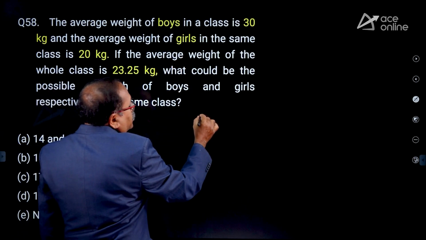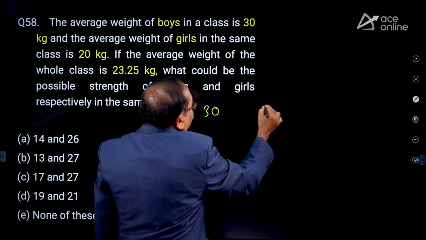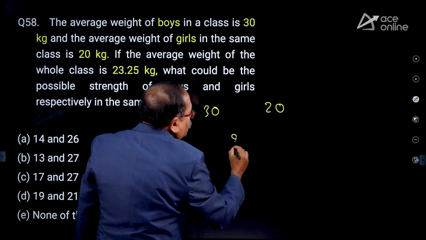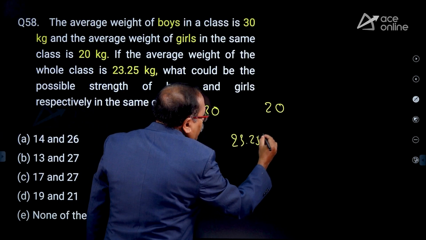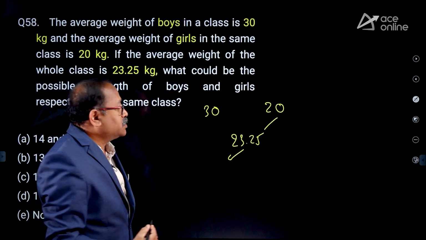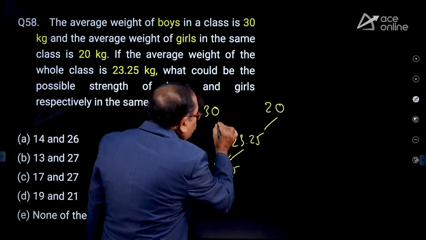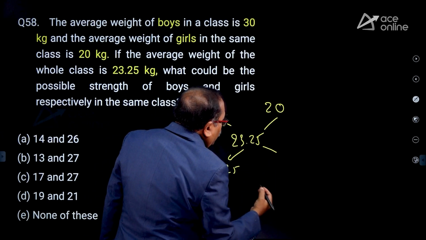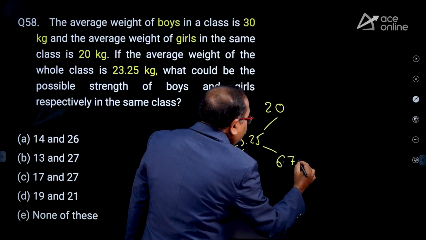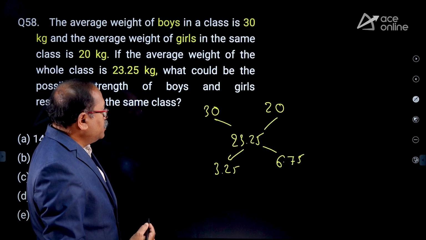So here boys 30 and girls 20 and the average is 23.25. I will take the cross difference. That means I am applying the mixture alligation method. So that is 3.25. Take the difference over here and you get 6.75 here. Hope I am clear here.